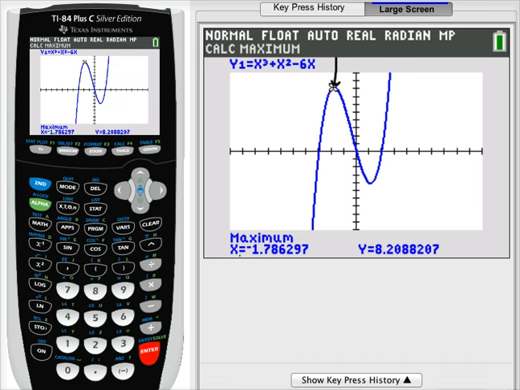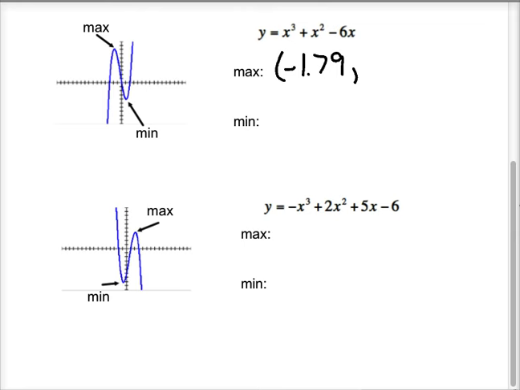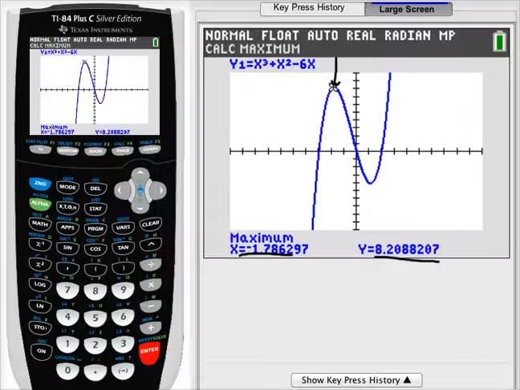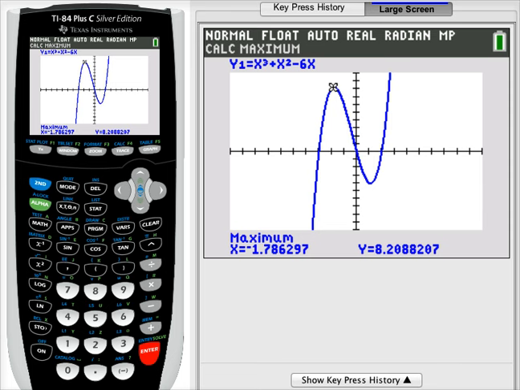And I'm getting those from right here. So again, for each of these, you're getting the x and the y that go with it, okay? So I have my max now.